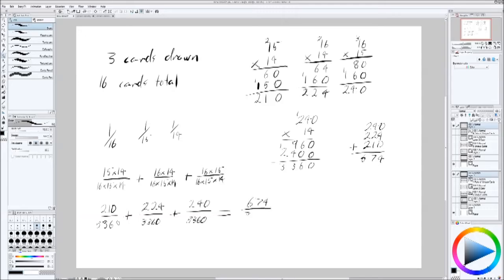So what we end up getting is 674 divided by 3,360. Now this looks probably horribly terrible, but what we can do to make our life simpler is we can sort of estimate stuff.